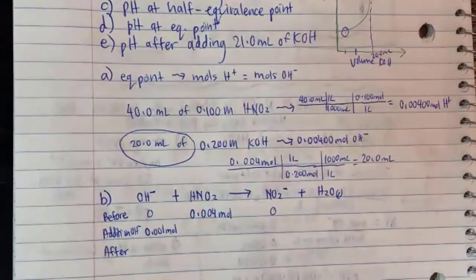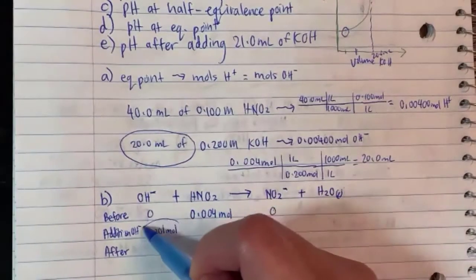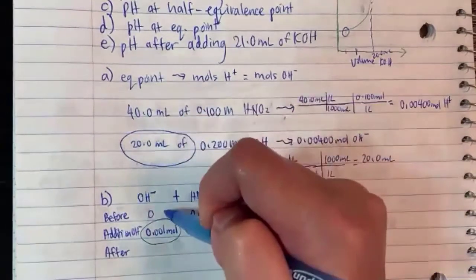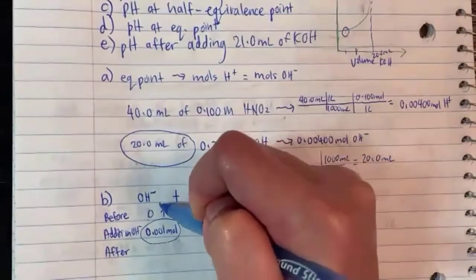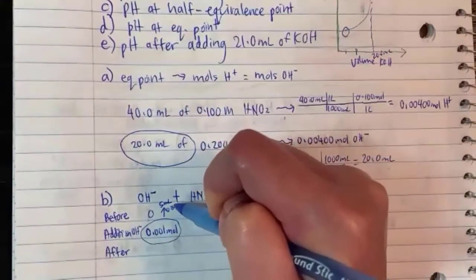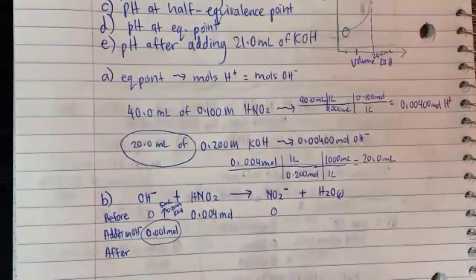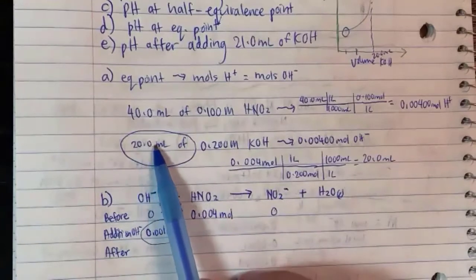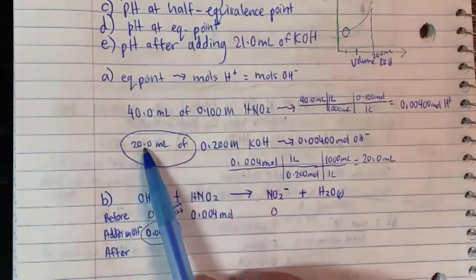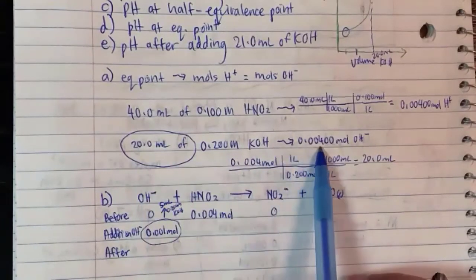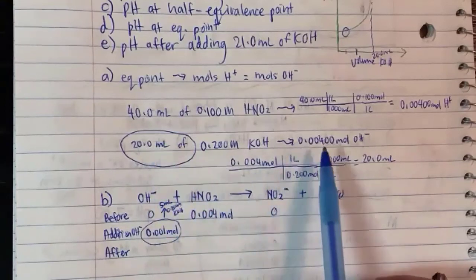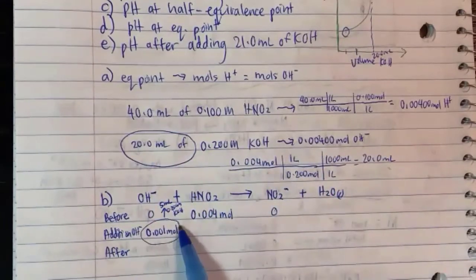If you can't follow, I will write the math out. I'll write down that this came from 5 mL of 0.2 molar KOH. I can see in my head that if I have 20 mL, it's 0.004, so 5 mL will be 0.001. So I'm going to put that here.